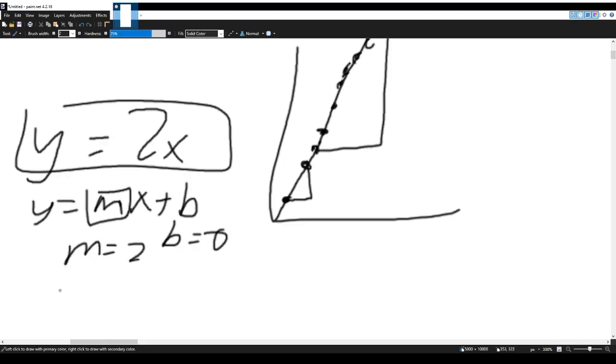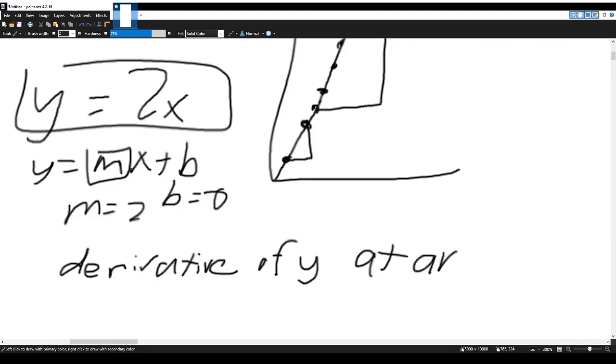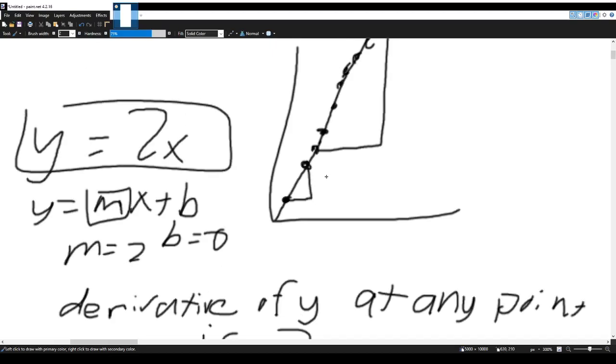So the slope is 2, which means that the derivative of y at any point is 2, because crucially, derivatives can change at different points.